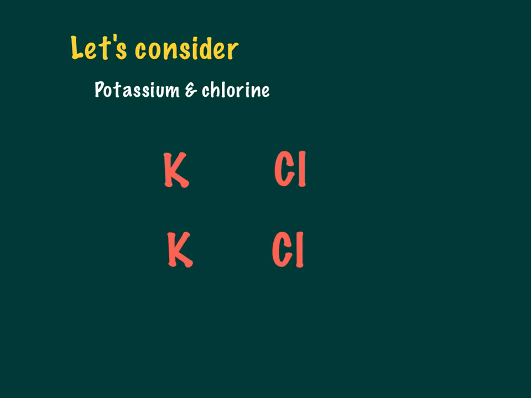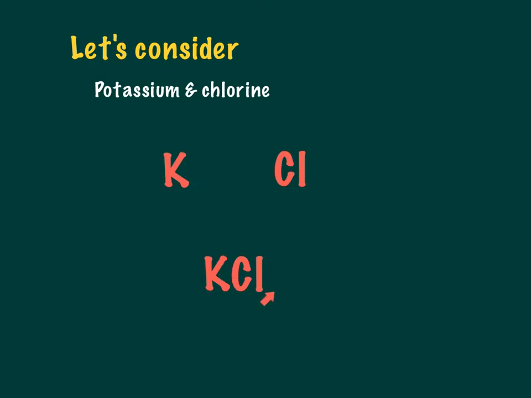So let's consider potassium and chlorine. Potassium is in group 1, so has a combining power of 1. And chlorine also is in group 7, and as we've seen before, that gives it a combining power of 1. So what we do when we mix these into a compound called potassium chloride is the combining power can go down after this one.